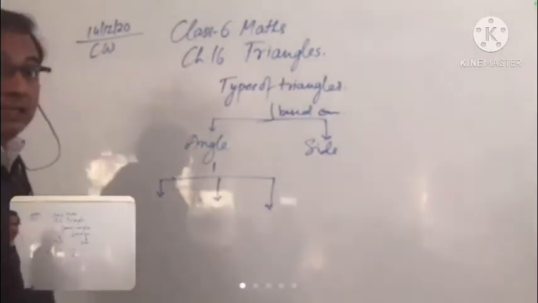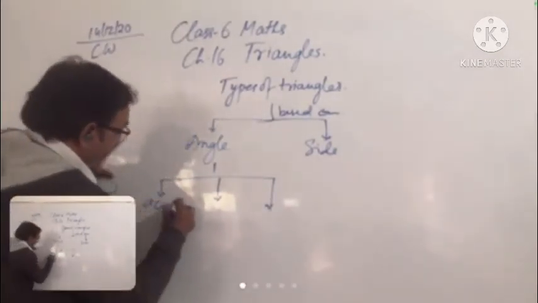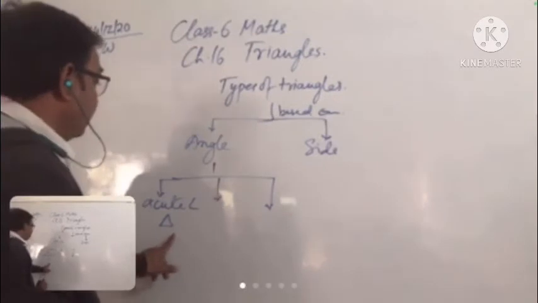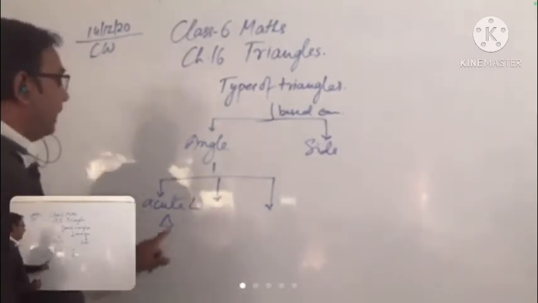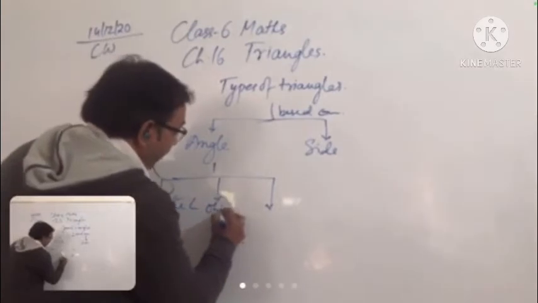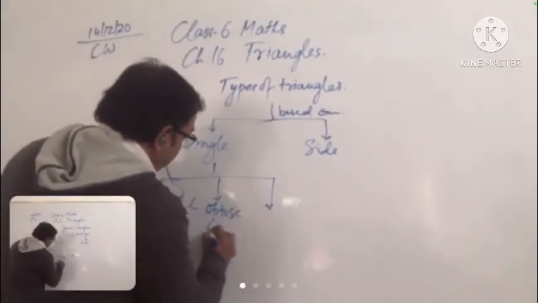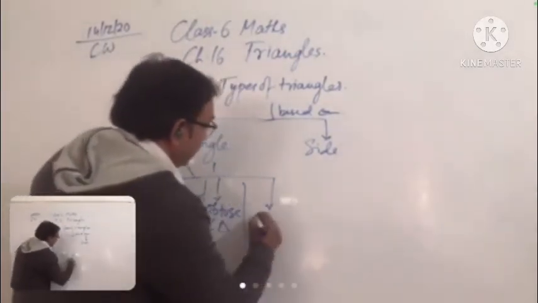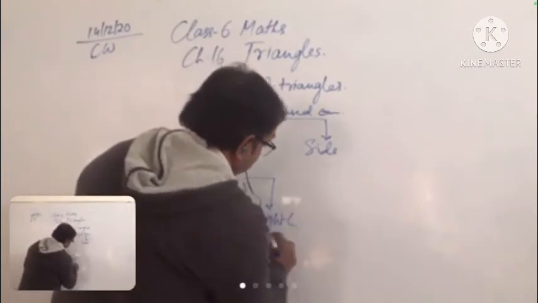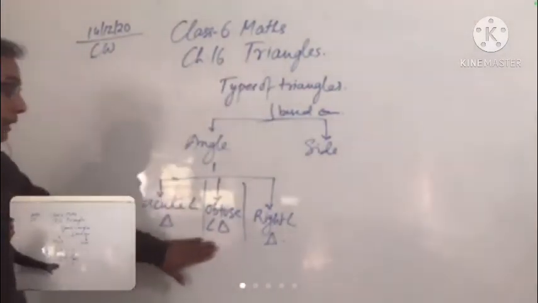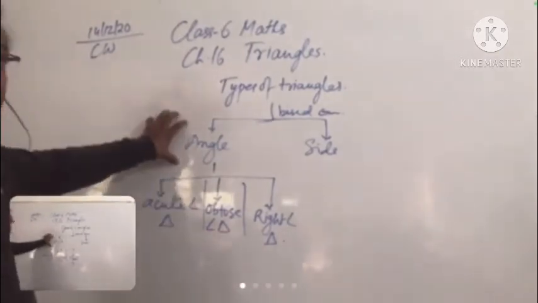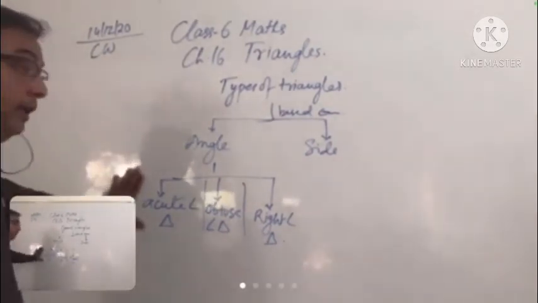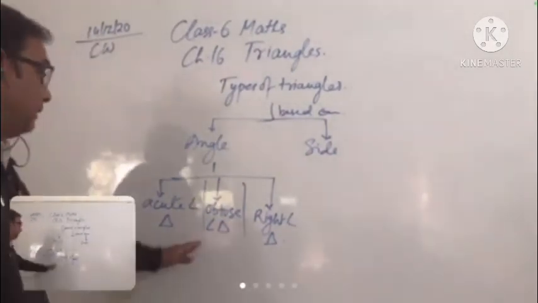If we discuss angles, then there are three types of triangle. One is the acute angle triangle. Second is the obtuse angle triangle, and the third is the right angle triangle. These three triangles are based on angle. So it is the classification of a triangle by its angle.